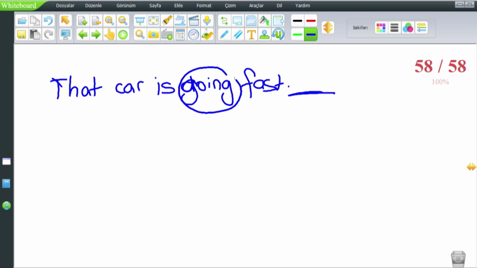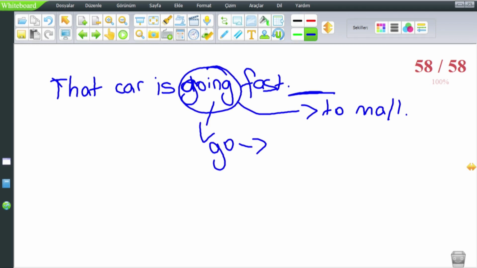And even if I did, like that car is going, for example, to mall. Even if I had an object like that in that sentence, I cannot rewrite that sentence in passive voice, because go, the verb go, is also an intransitive verb.